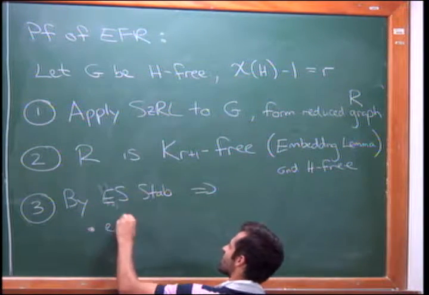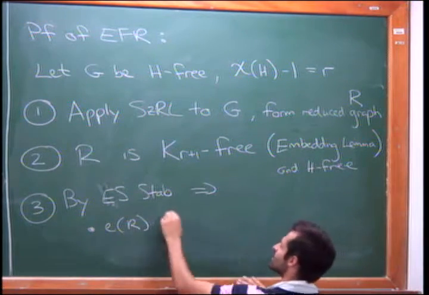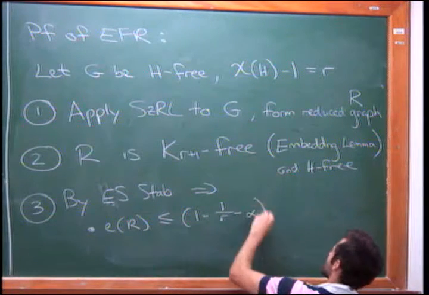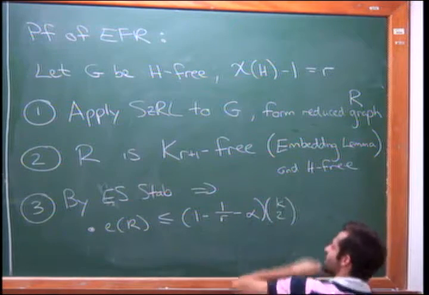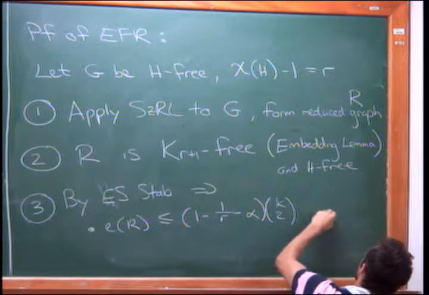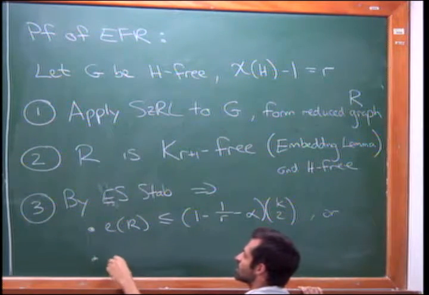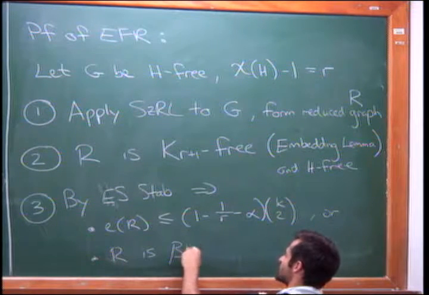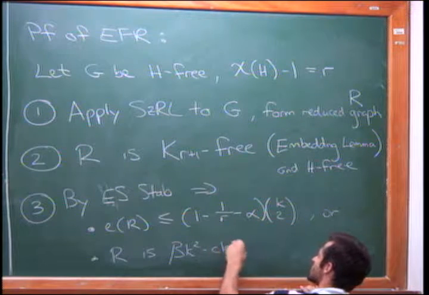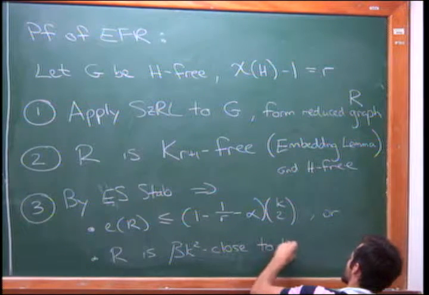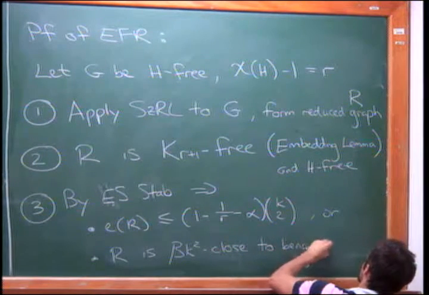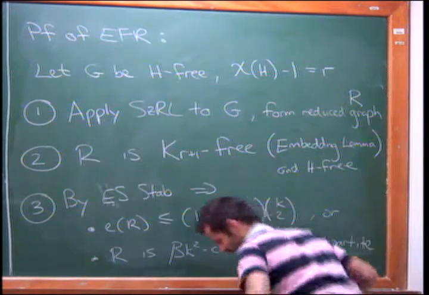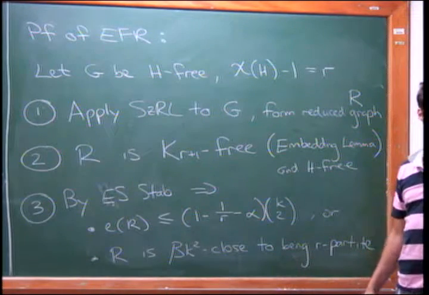Either R has at most (1 minus 1 over r minus alpha) k choose 2 edges, or R is beta k squared close to being r-partite.